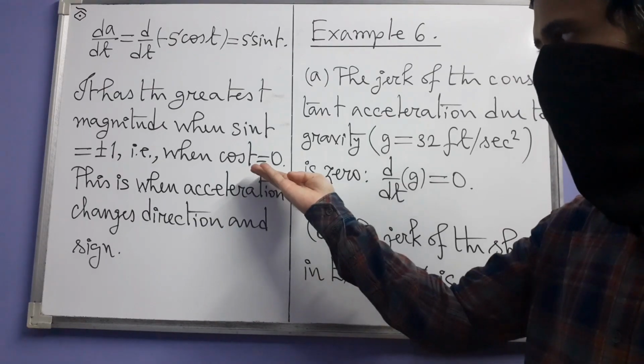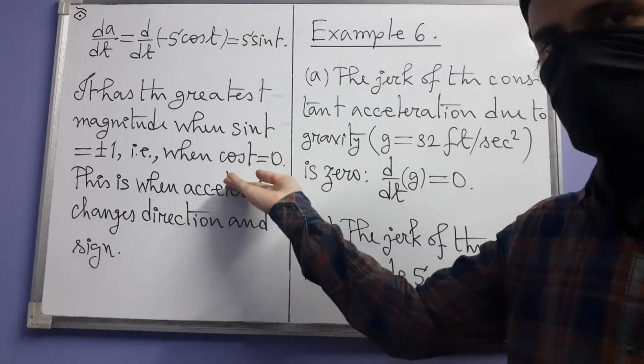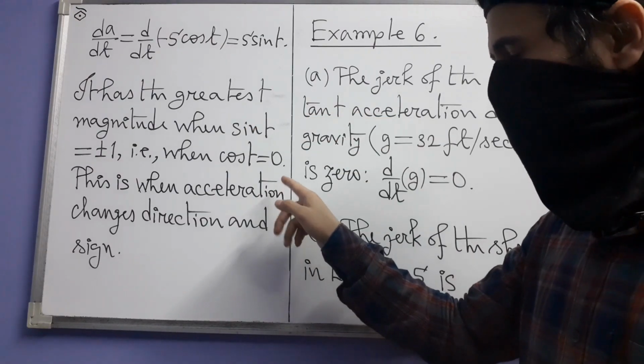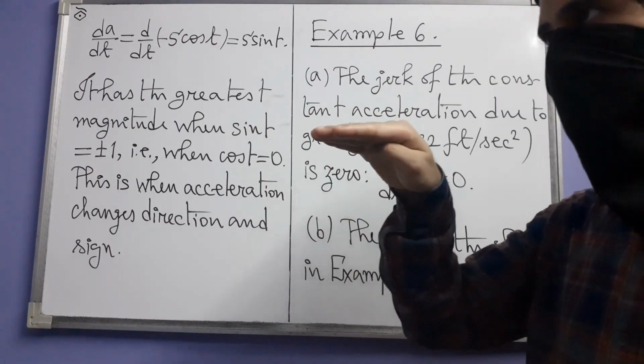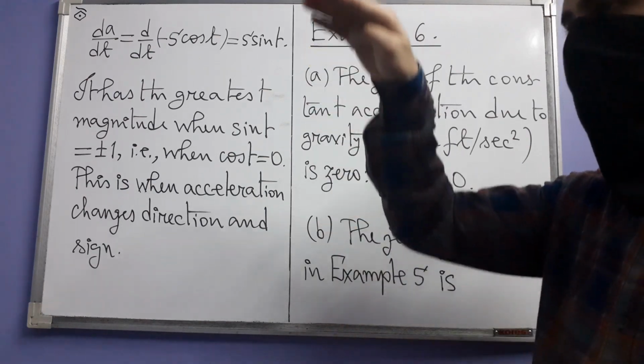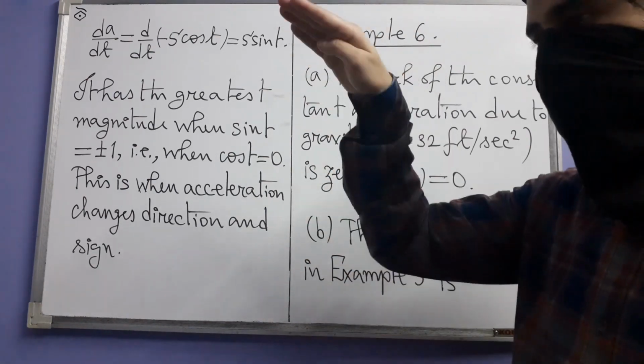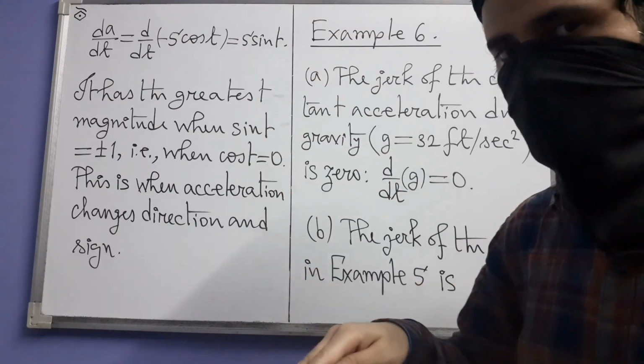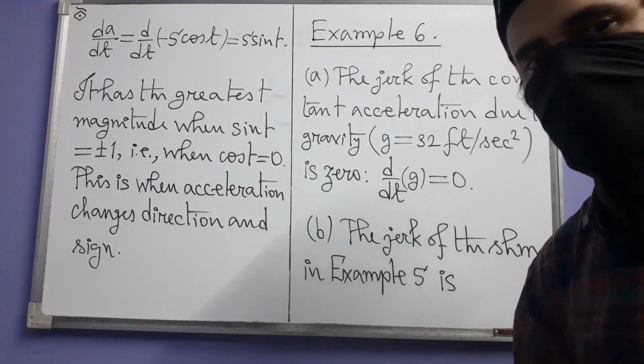And by now we know very well what position this corresponds to, that is the mean position. So initially you may think that because the motion is like this, at the extremes of the motion you are going to get a jerk because it's coming back. No, actually that's not how it's happening.